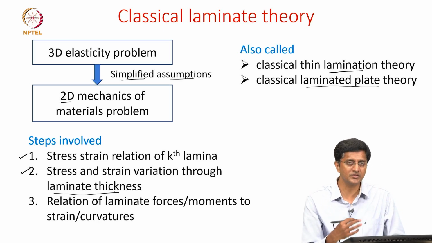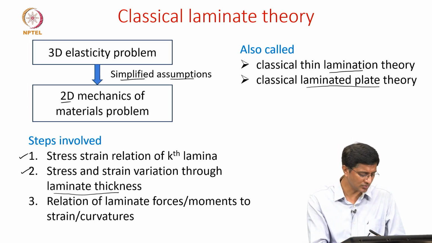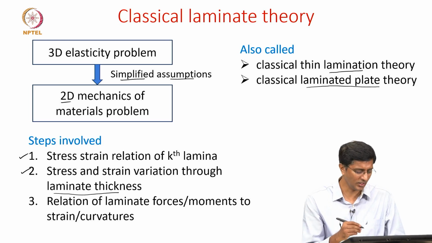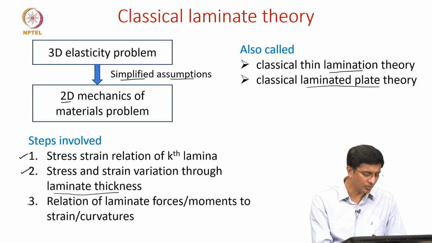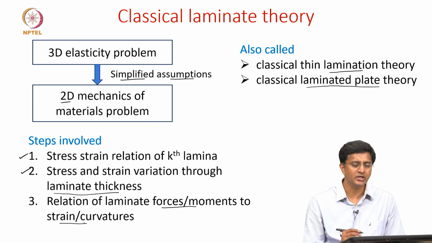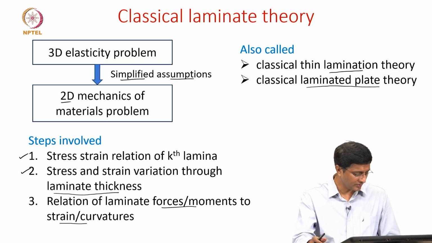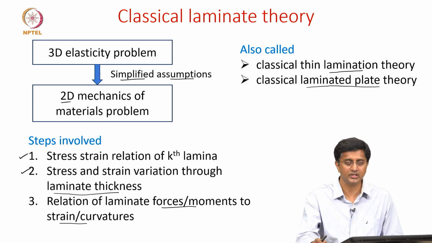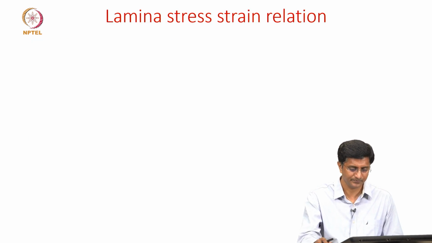We'll make some assumptions in the laminate, and using those assumptions, we'll show how the stress or the strain varies with the thickness of the laminate. And lastly, look at the relation between the forces and moments to the strains and curvatures in the laminate. So let's start with the first step where we review the stress strain relation for the kth layer in a laminate.